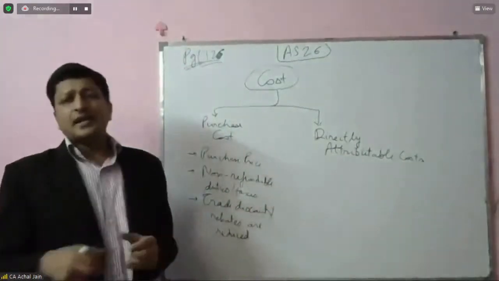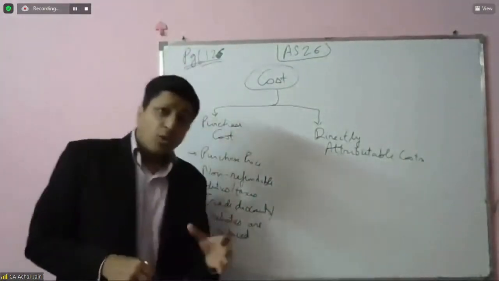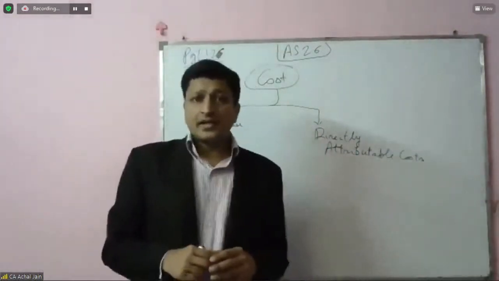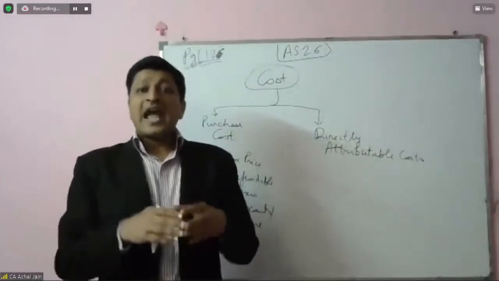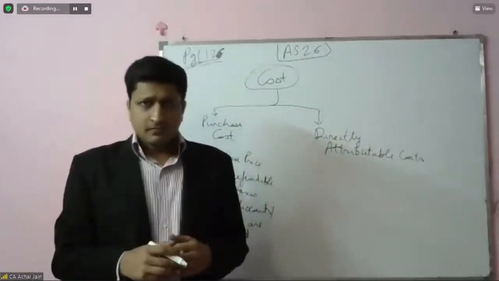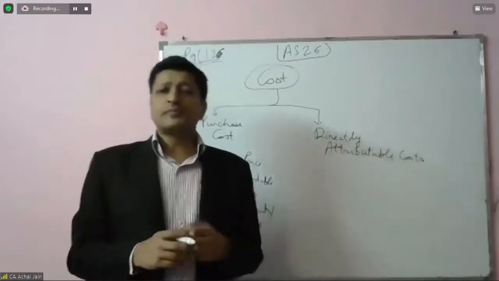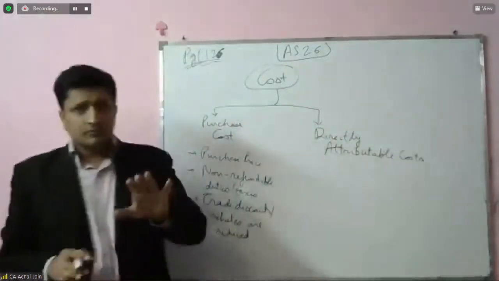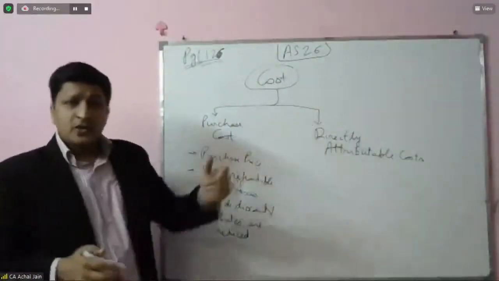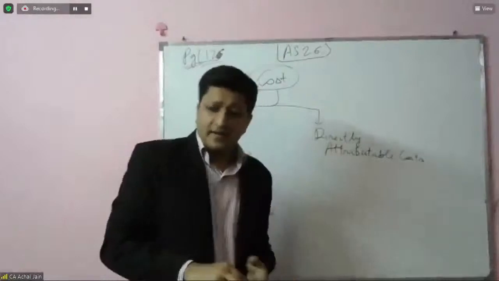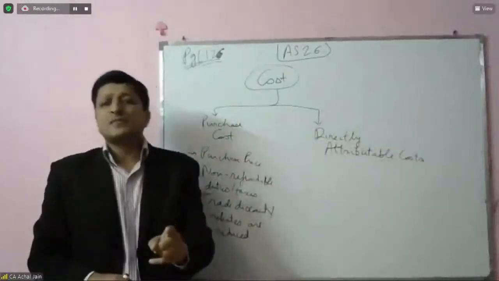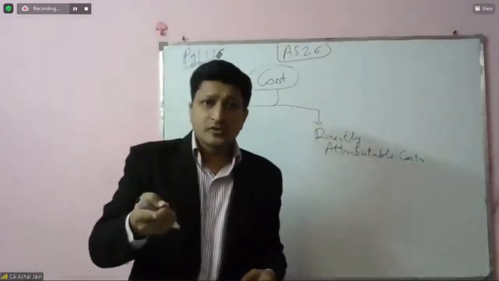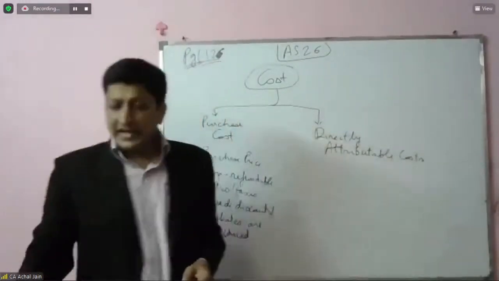What do you mean by directly attributable costs? Those costs which are incurred by an entity for the acquisition of PPE, or for the construction of PPE, or bringing the PPE to the point when it becomes ready for use. Same thing I'll apply. So any cost which is incurred by an entity on an intangible asset till the time it is not ready for use, that is called directly attributable cost.